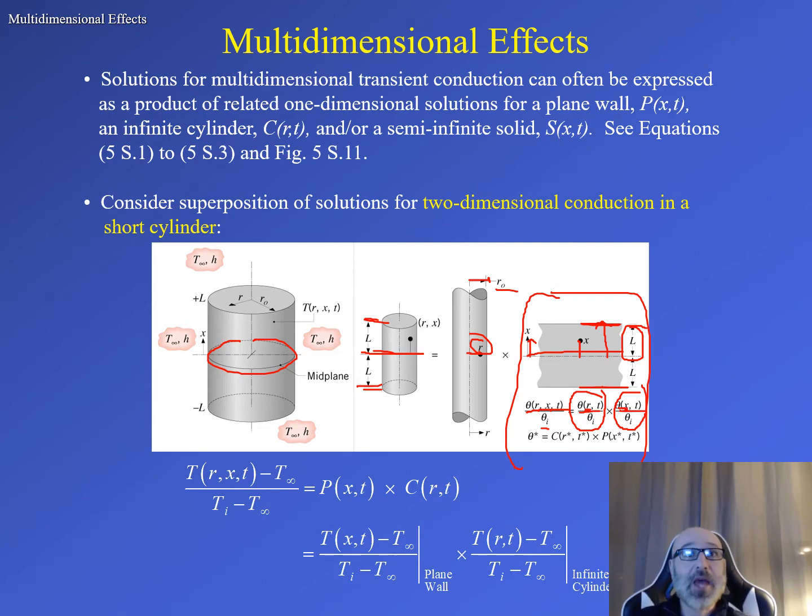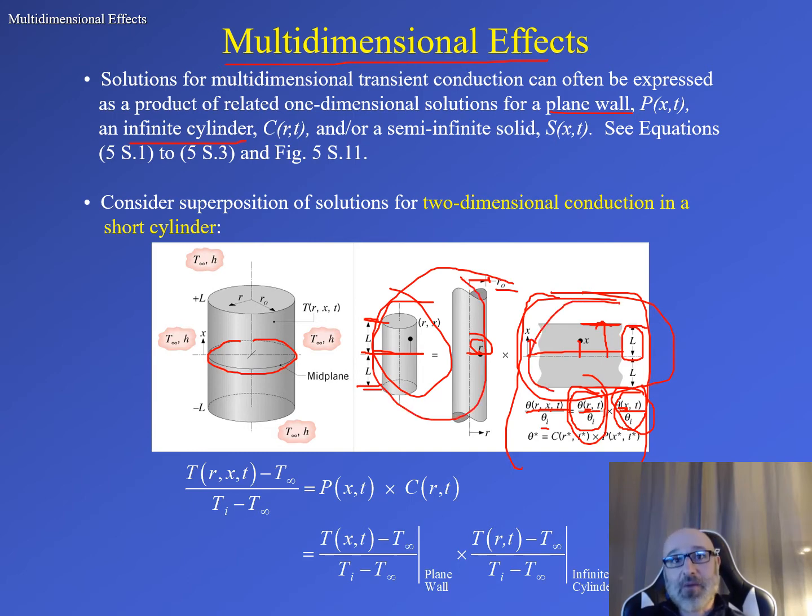This is how we're doing that multidimensional solution, like we said before. We can express it for a plane wall and for an infinite cylinder separately. The X is for what looks like a plane wall, and our R is what looks like a cylinder. So we're simply saying we can take the cylinder solution and the plane wall solution and multiply them together to get that relationship.